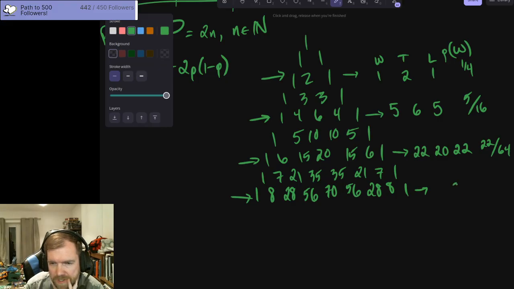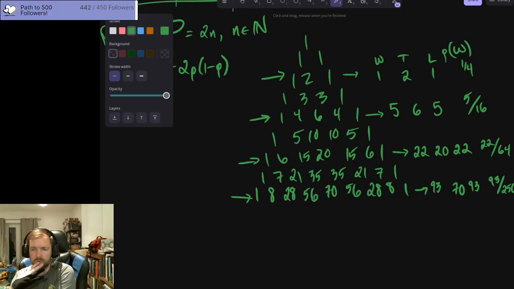And then down here, this is 70. And we have 9, 37, 80, 93. So this win probability is 93 out of 256. Right, yes, of course. Quarter of 256 is going to be 64.